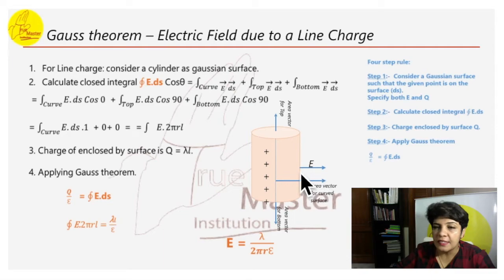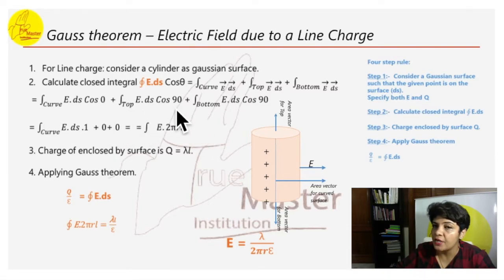How? This is the electric field direction, and this is the direction of the area vector for the top. They are making an angle of 90 degrees. Similarly, for the bottom, this is the area vector for the bottom. Along with the direction of electric field, they are making 90 degrees. So cos 90 is 0.